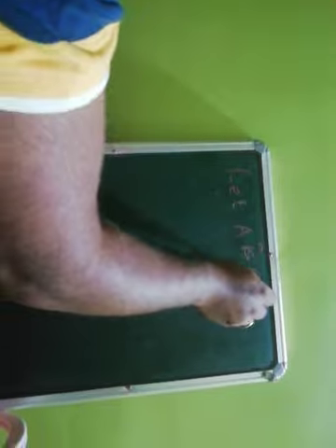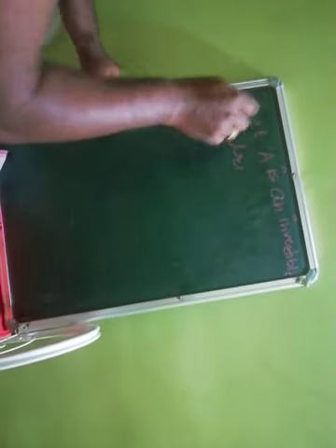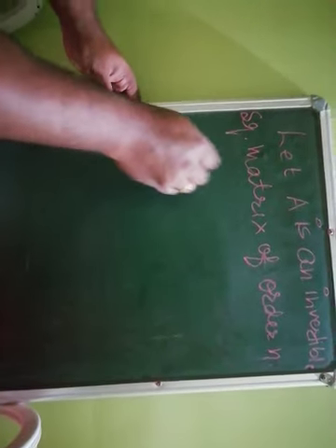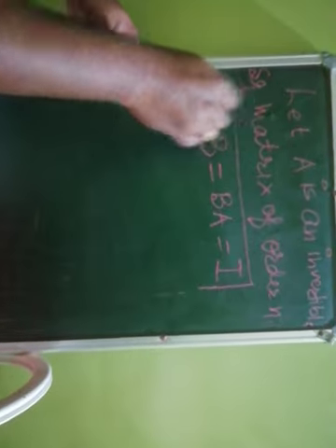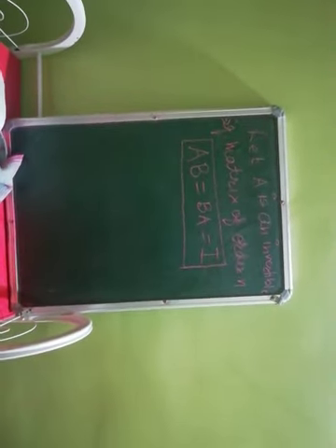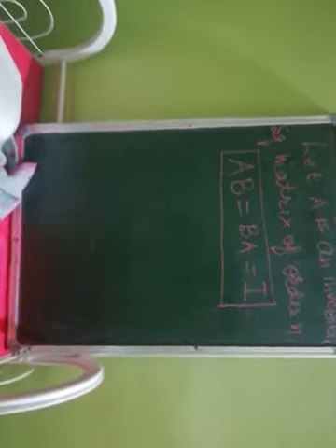Let me first consider that A is an invertible matrix, that is a square matrix of order n, that is n into n, and B is another square matrix such that AB equals BA equals I. You can recall this was one of the conditions, that if A into B equals B into A is the identity matrix, then B is called the inverse of A, or A is called the inverse of B.